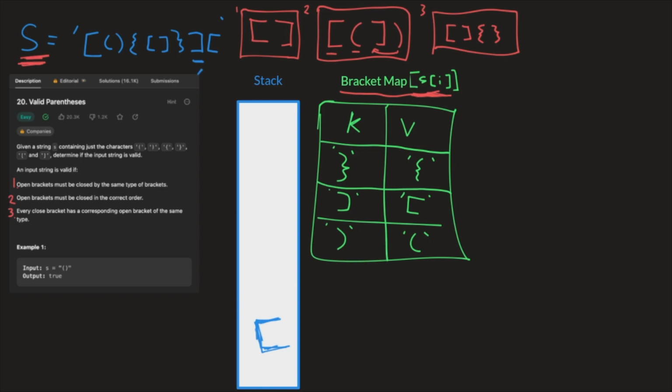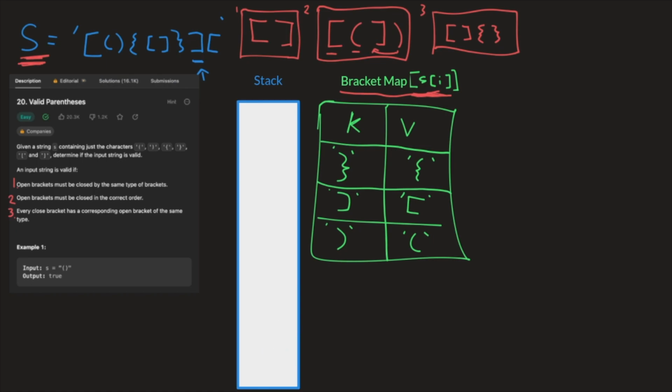So during this iteration, we ask the bracket map, hey, do you have this key? And it does, so it returns the value. Then we check that value against the top element in the stack, and we can go ahead and pop it off. So we pop it off the stack, and then we iterate on.